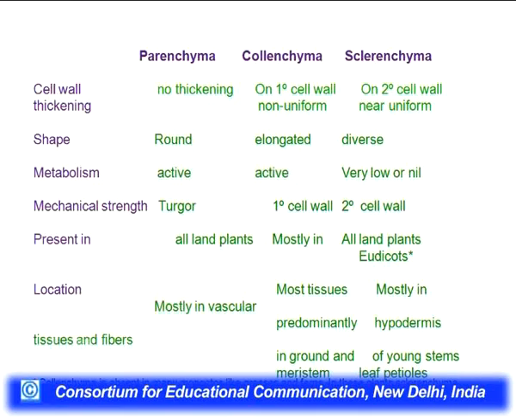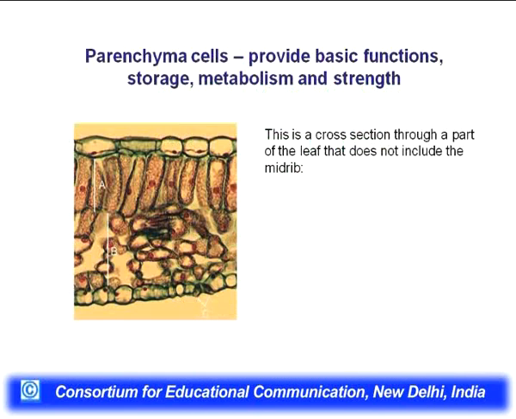And Collenchyma, as I told you, is present as a hypodermal area of the young stems or soft stems, and Sclerenchyma is mostly present in the fibers and vascular tissues. So, we will go one after another and learn about the details about them.